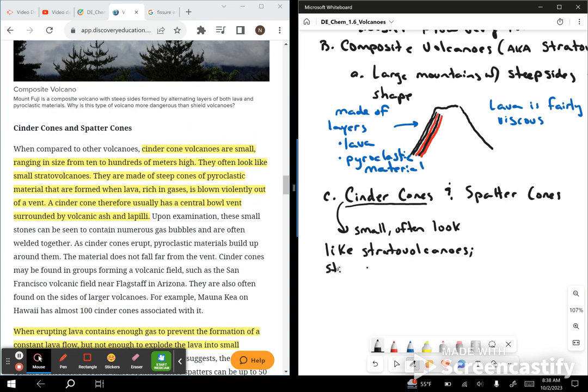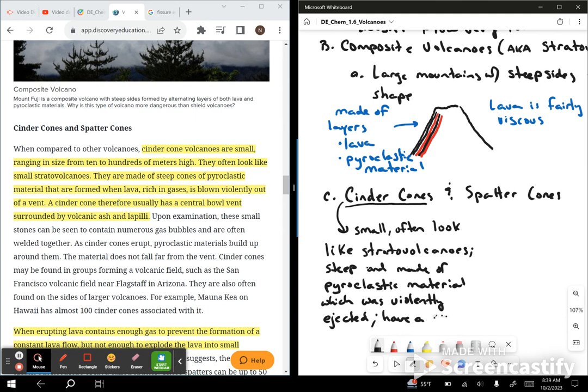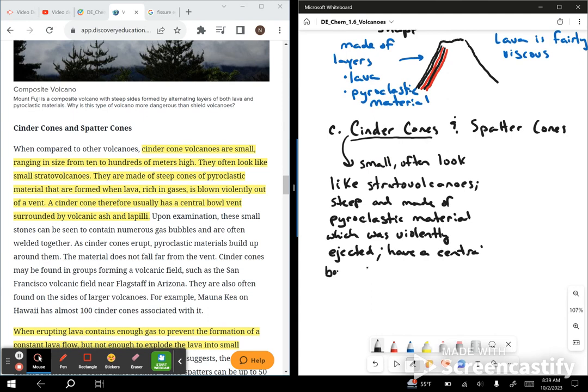They are steep and made of pyroclastic material, which was violently ejected. Right? They have a central bowl vent.